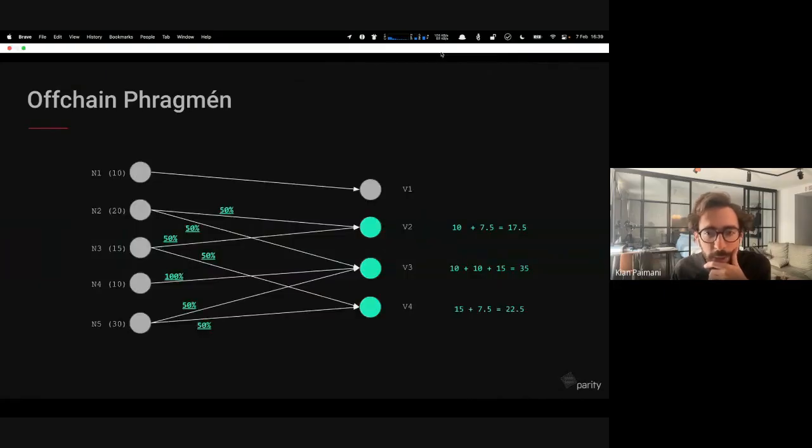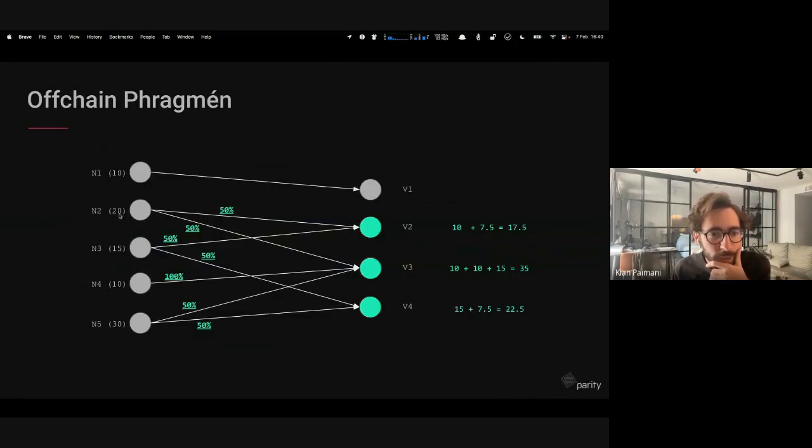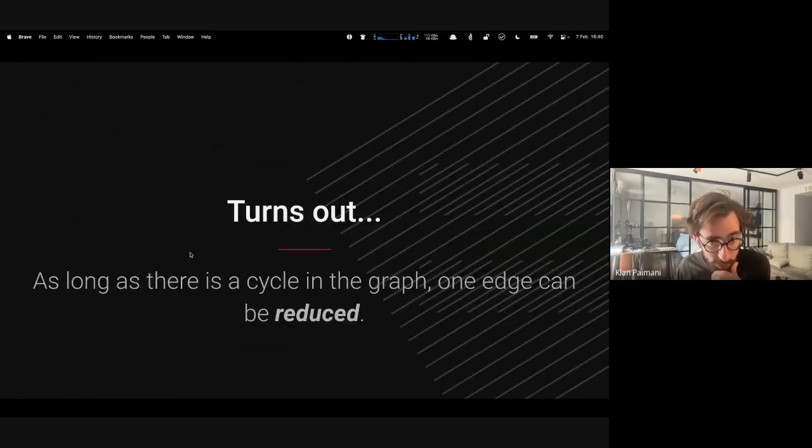So here we have a similar example. We have these nominators whose stake is split 50%, 50%. This one is simple because it's 100%, and then these validators end up having some amount of stake. This is a better example, more realistic. When you convert these percentages to values, it ends up looking like this.